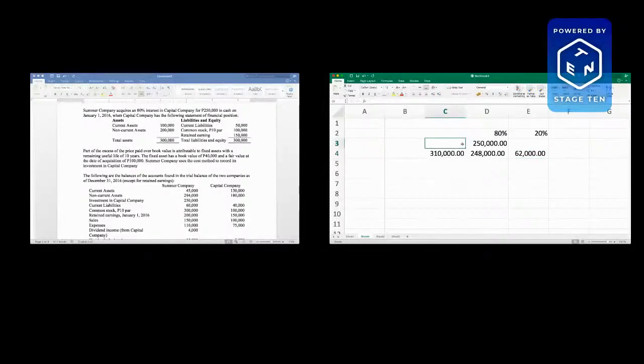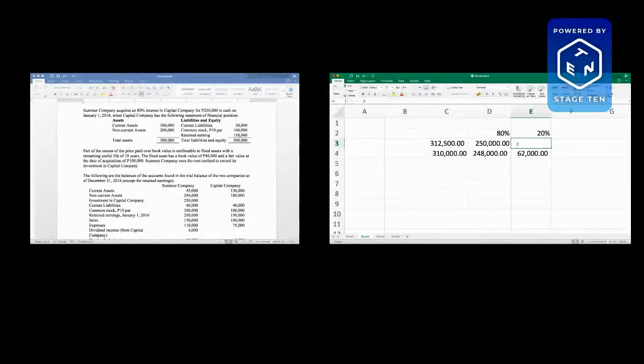Now, as mentioned before, if you're not given the fair value of the net assets, then you will have to compute for the presumed fair value by grossing up the consideration paid for the interest acquired by the parent. So 250,000 divided by 80% would now give us the perceived value of the company as a whole.